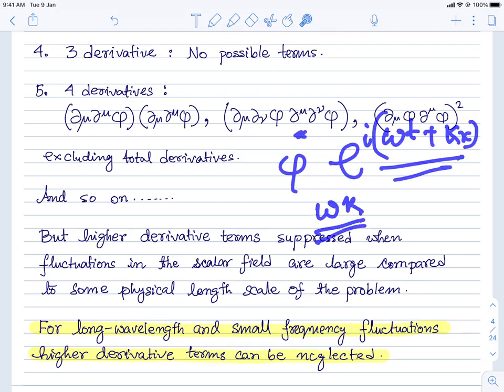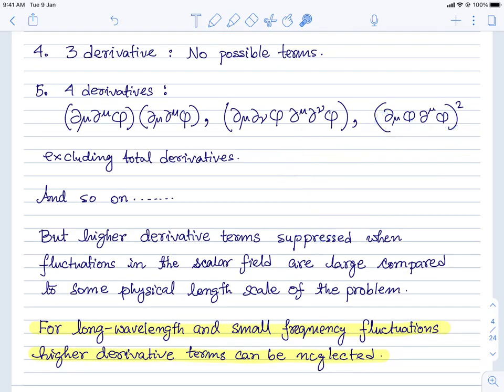So the more derivatives, the more omegas and k's, and if you are in the long wavelength limit or small frequency limit, then these terms would be suppressed, and there will be some number multiplying them, which can depend on some intrinsic length scale of the system.